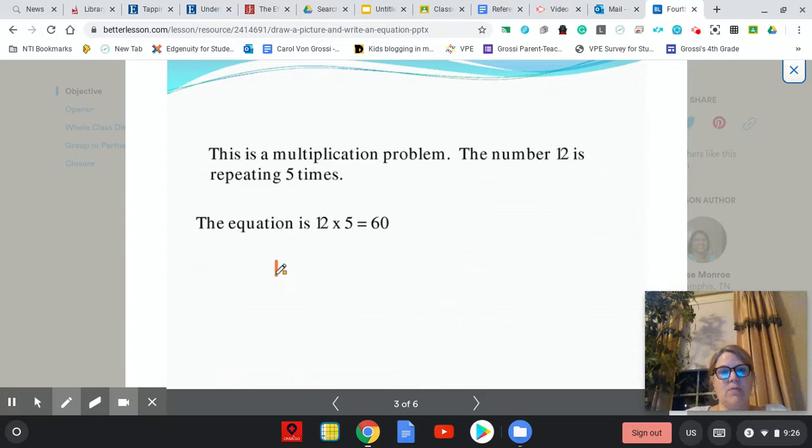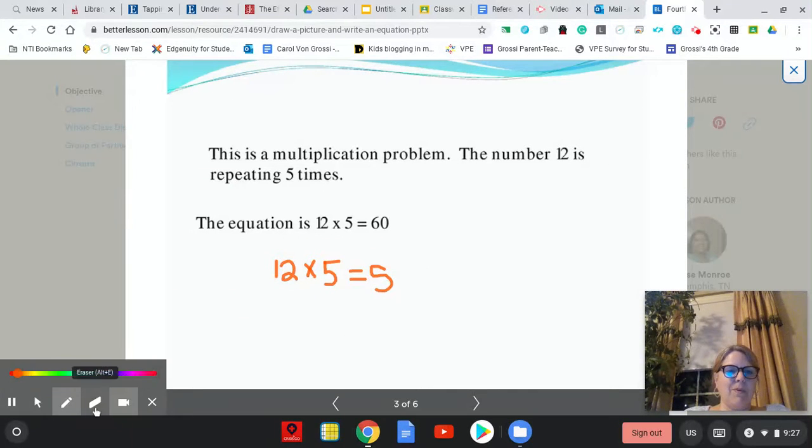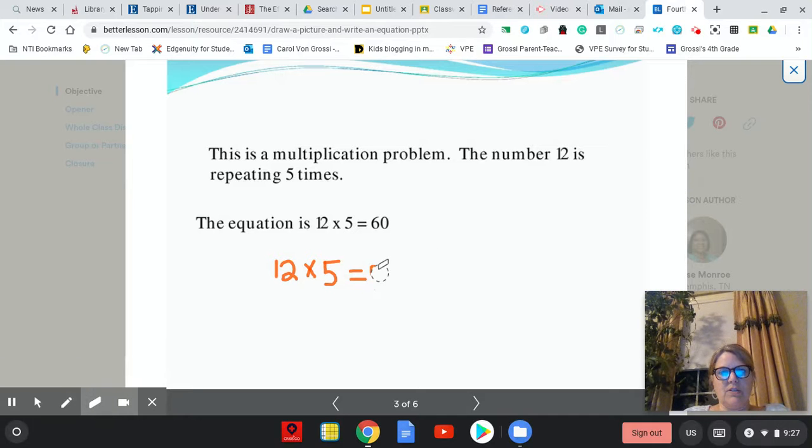When you're showing me your work, I would like to see 12, which is the cost per pair of shoes, times the 5 pairs of shoes, and this all together equals, I think I used S as my variable, the total cost of the shoes. Okay, and the problem with an S is it sort of looks like a 5. So let's do C for cost, equals the letter C.